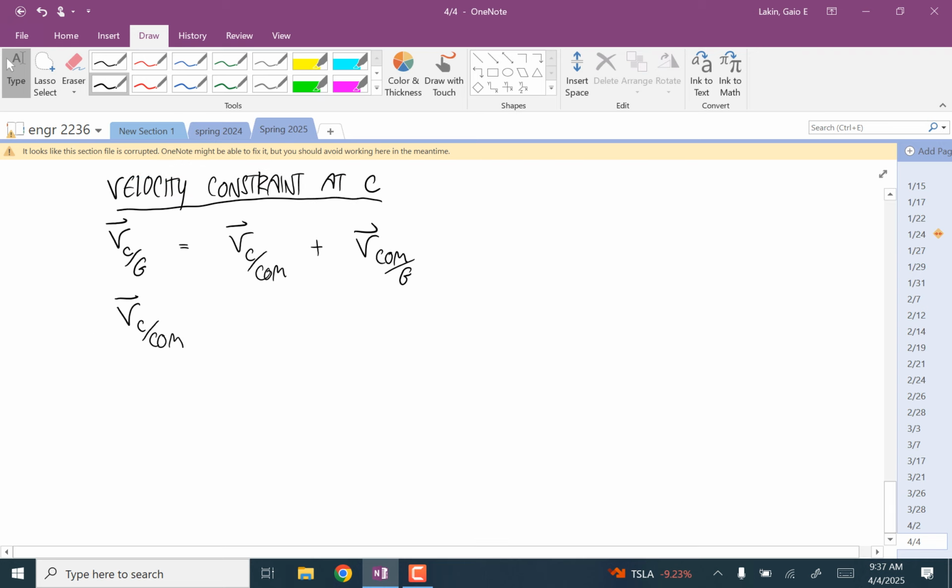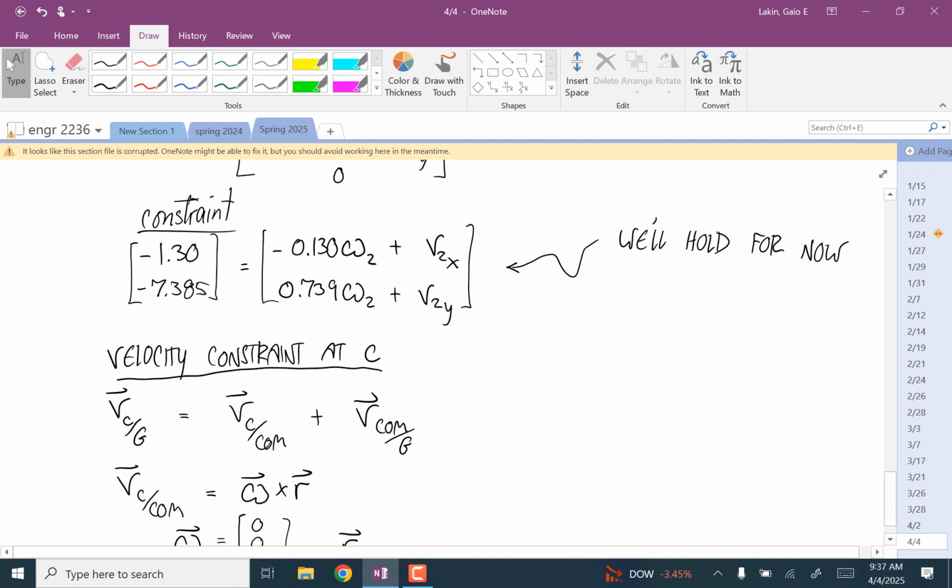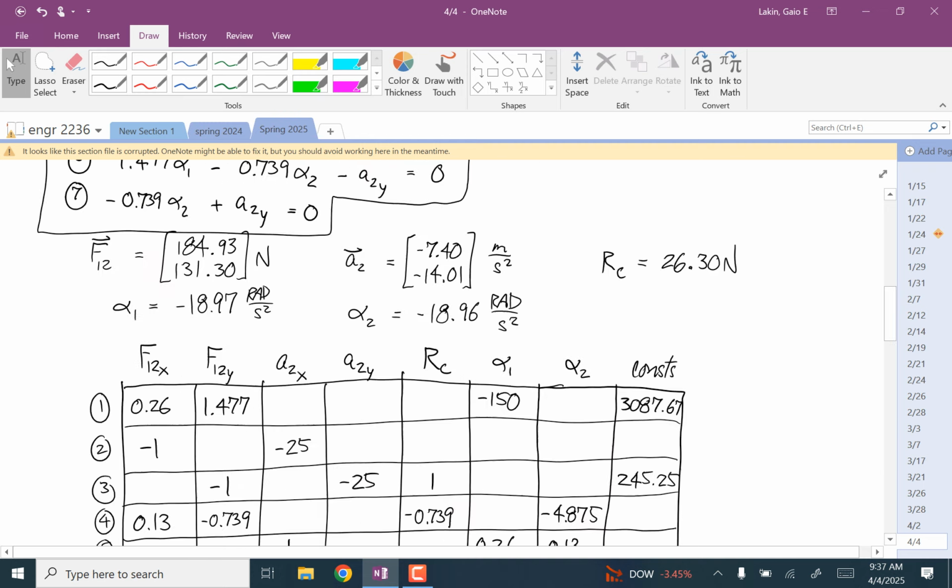So velocity of C relative to the center of mass is omega cross r. The omega vector is still 0, 0, omega 2. That's always true for a whole body. That's not a point-by-point thing. And then that r vector is just going to be the opposite of our r vector before.